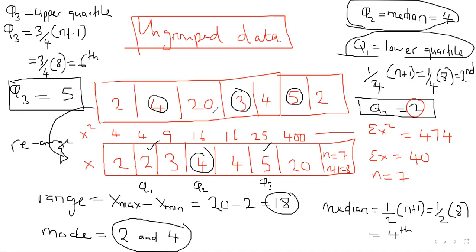All right, so now we go to another set of parameters, which we call measures of central tendency. Now, we want to learn how to come up with the mean, standard deviation, and the variance.